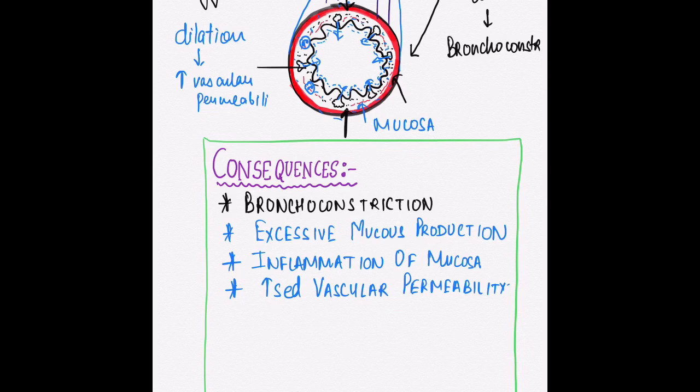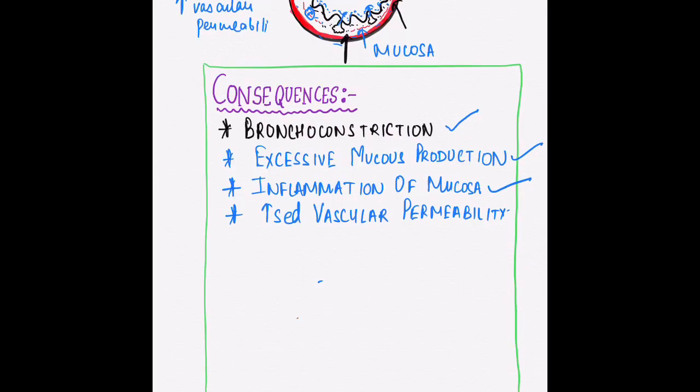Now, the leukotriene also causes bronchoconstriction. It also enhances the mucus buildup, causes the inflammation of the mucosa, and also increases the vascular permeability of the bronchial capillaries. All these consequences lead to narrowing of air spaces.